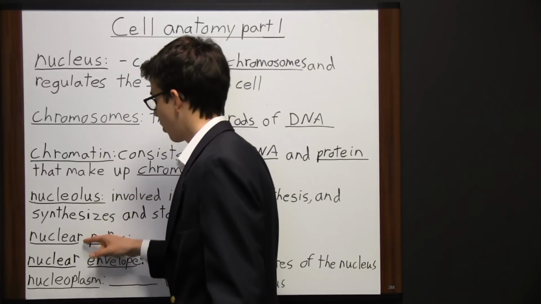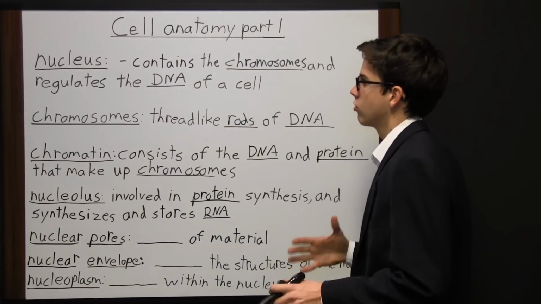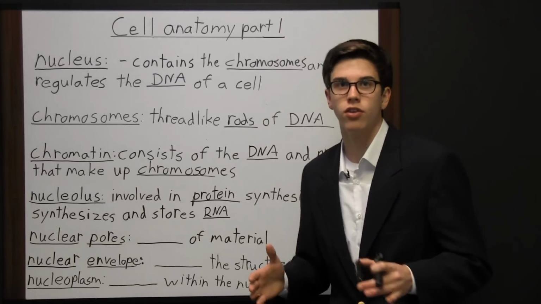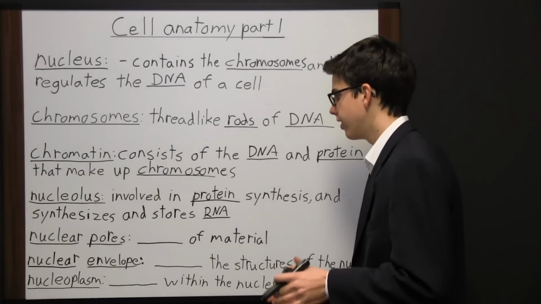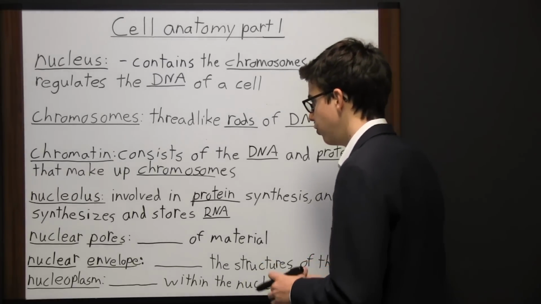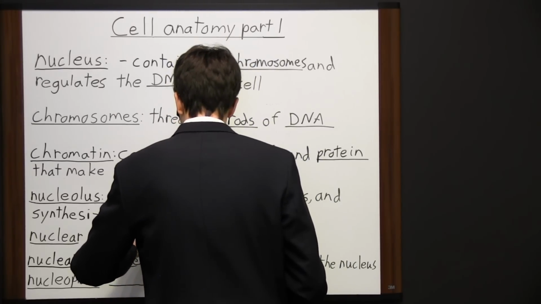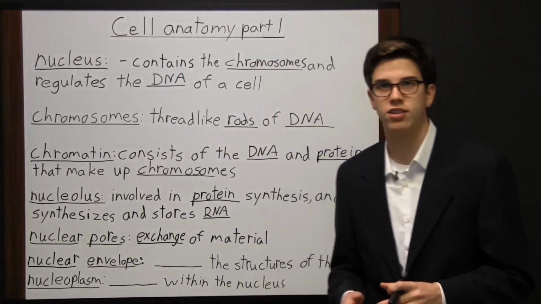So these last four parts of cell anatomy that we're covering in this session all directly relate to the nucleus, because the nucleolus is contained within the nucleus. And then we have nuclear pores, which regulate the exchange of material that goes on in a cell.